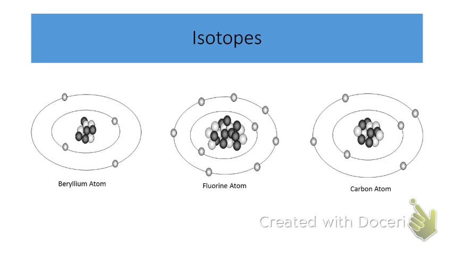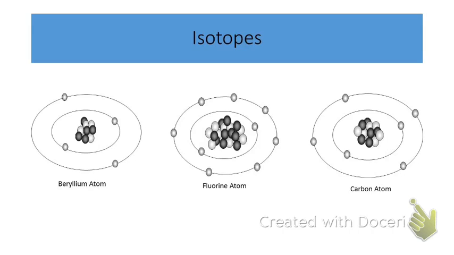All right, so here we have some different atoms. We have a beryllium atom, a fluorine atom, and a carbon atom. And what makes them unique from one another is their number of protons. If you look at your periodic table, the atomic number of beryllium is 4.